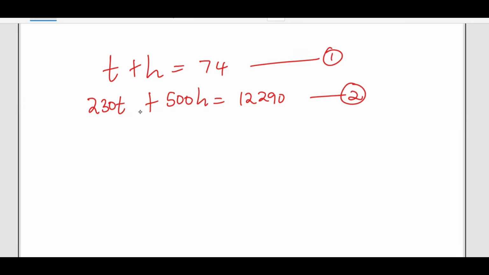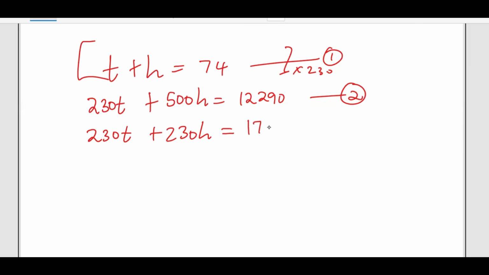You can do the substitution or the elimination. I'm going to multiply this by, let's say, 230. So 230T plus 230H. What is 74 times 230? That's going to be 17,020. And then we subtract.